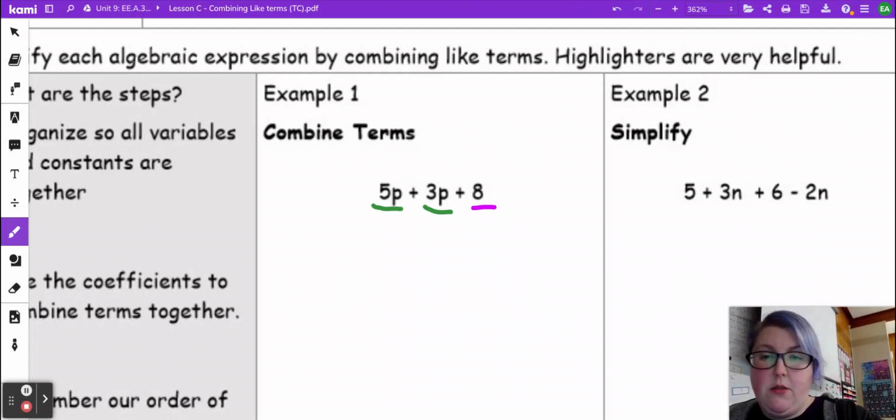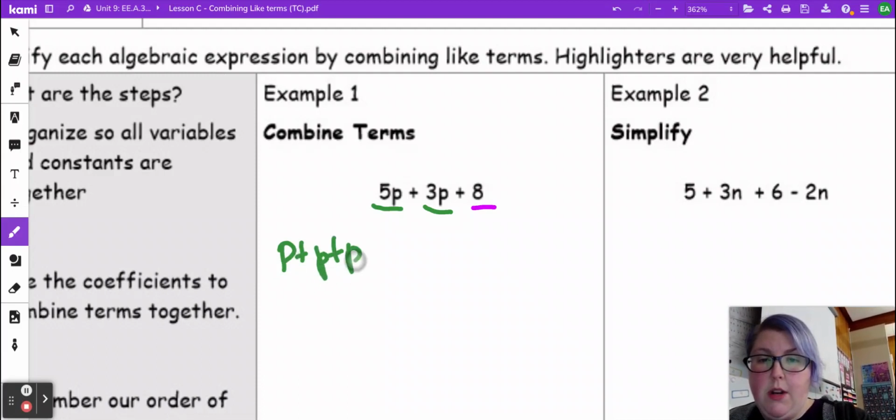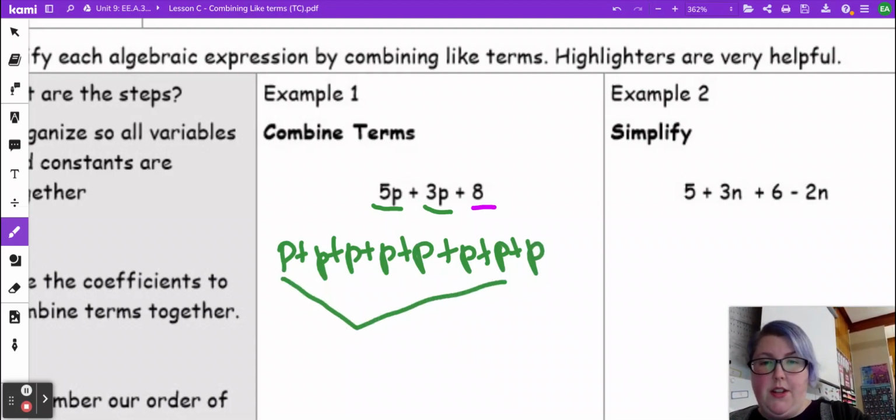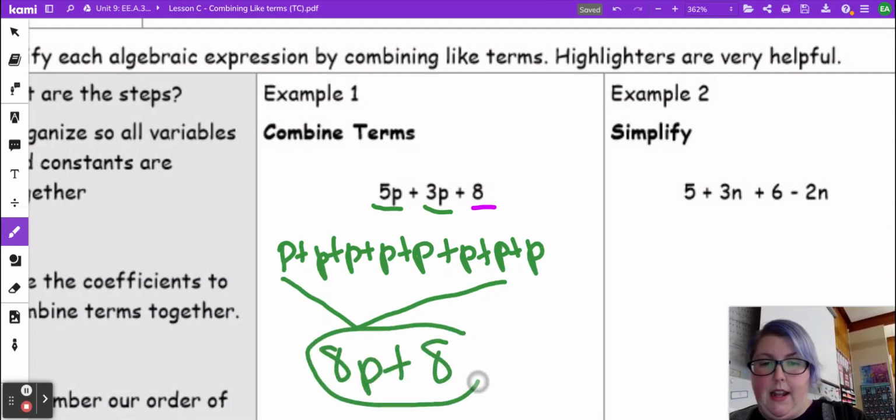Write this out. So 5p actually means 1, 2, 3, 4, 5 p's and then another 3, 1, 2, 3. Or I can write all of this as how many? That is 8p plus 8 would be my answer.